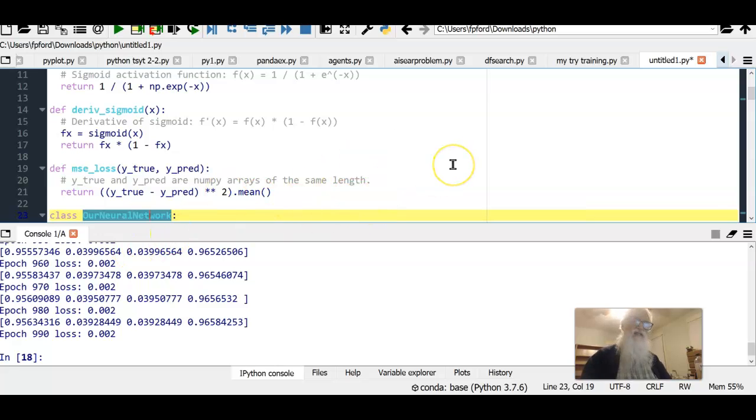And then you divide by the mean, the average. That dot mean means take the average. So it's really sum up all the differences between what you got and what you should have got, squaring the differences so you don't have negatives, and then dividing by however many cases you have to get the average. So that's a pretty common way to determine how good things are.